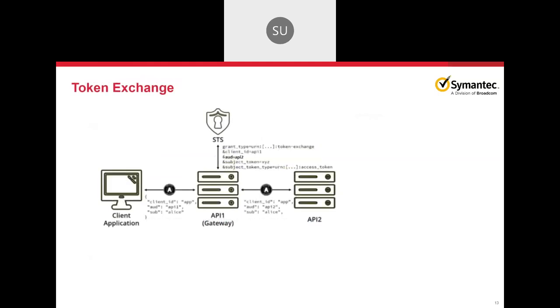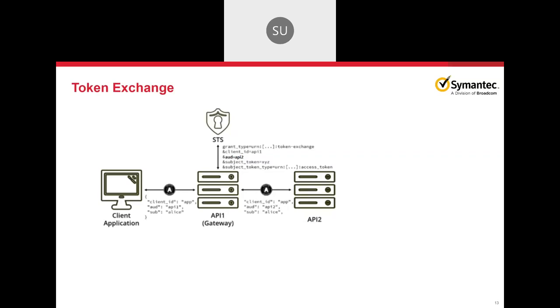So in the token exchange protocol, when the client application calls the resource server using an access token, the resource server uses the original token as the subject token and exchanges it for a new token with API 2 as the intended audience. Then it uses the exchanged token to call API 2.